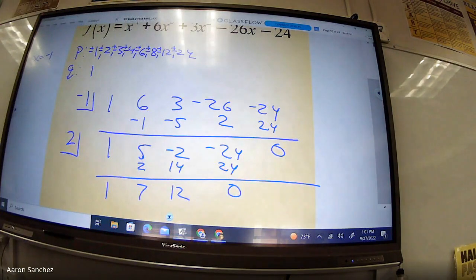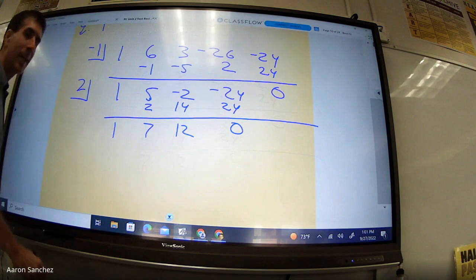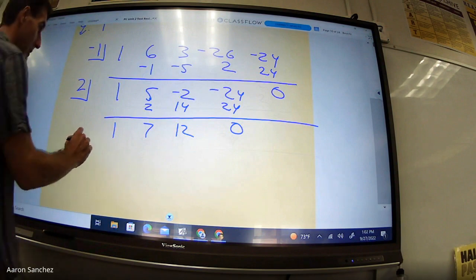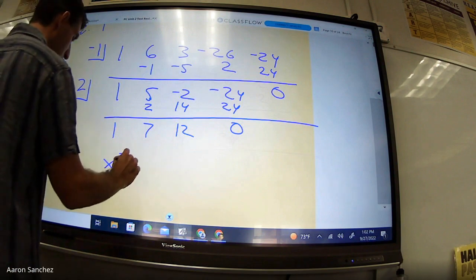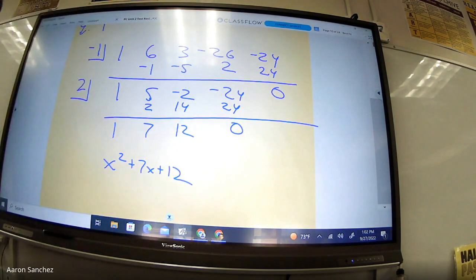Okay, at this point, we know that x is also +2, right? So, do I keep dividing? No. You can, but let's do the x. It'll be way easier because it's going to tell us the answer. X squared plus 7x plus 12. You guys see that?